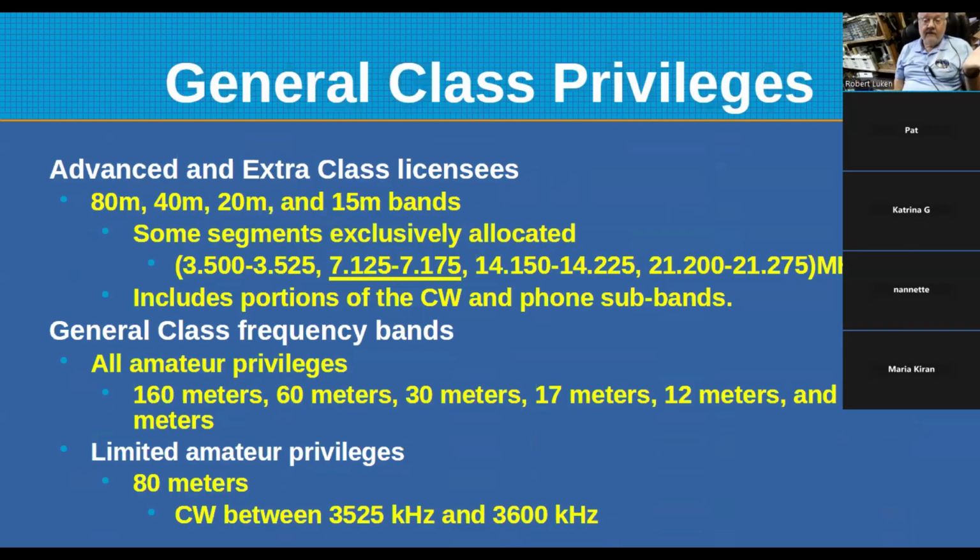There are still advanced licenses. You can't get an advanced, but people that have an advanced can keep renewing it. A lot of them keep advanced because you can't get it anymore.